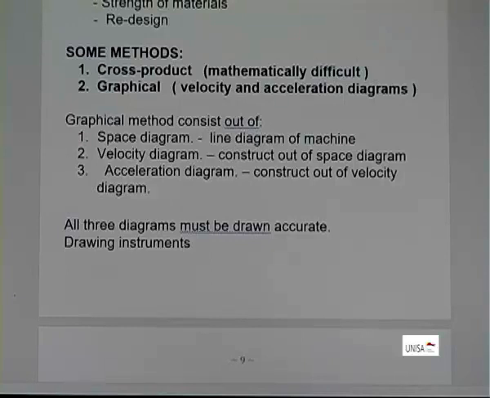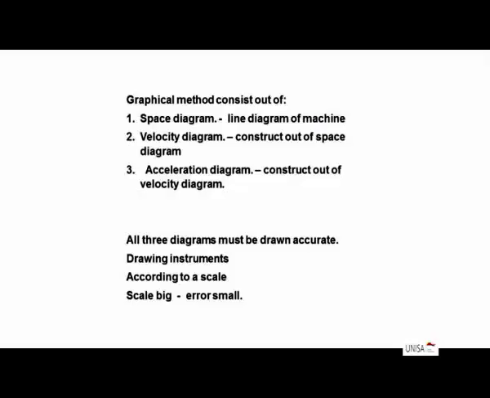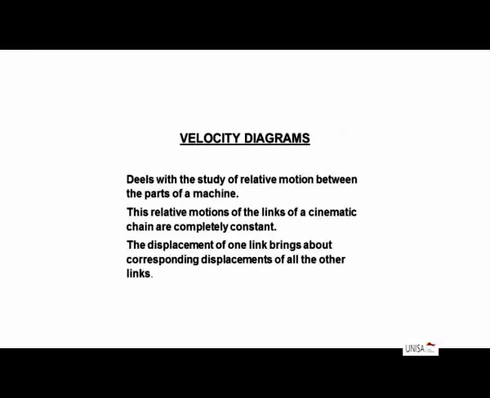Get information from your velocity diagram, and then construct the acceleration diagram, also according to a specific scale. All three diagrams must be drawn accurately with your drawing instruments. Remember, the bigger the scale, the smaller the error. Let's start with your velocity diagrams.